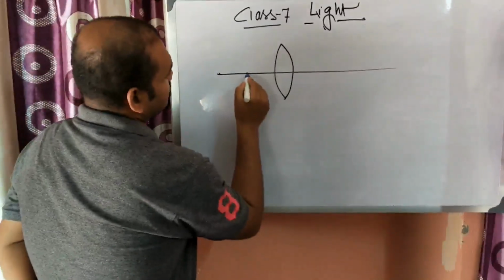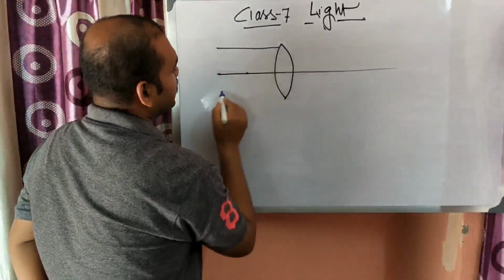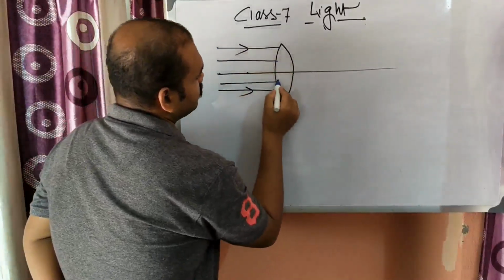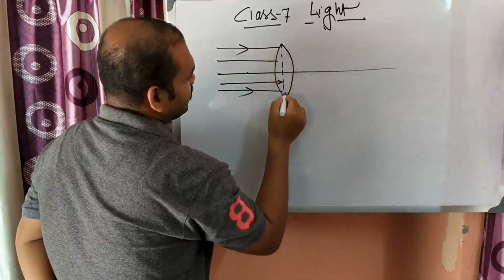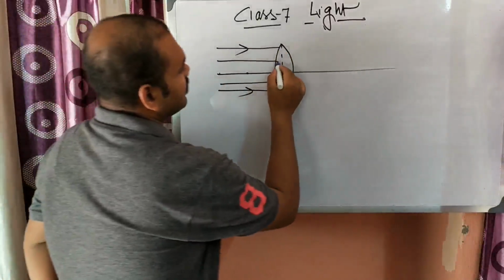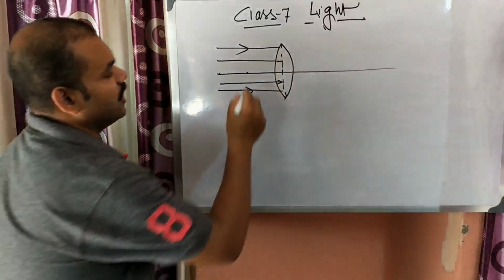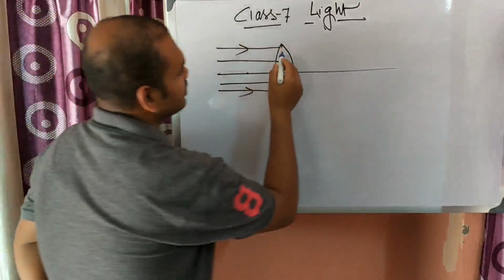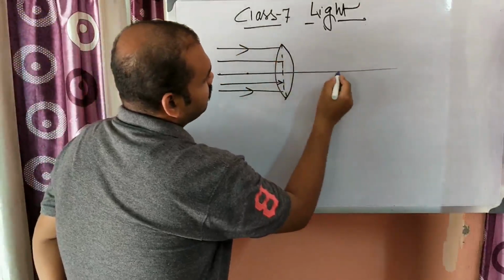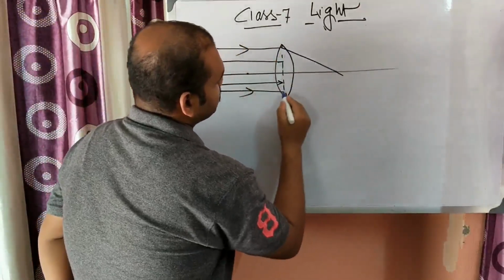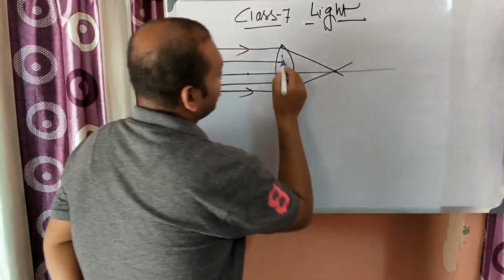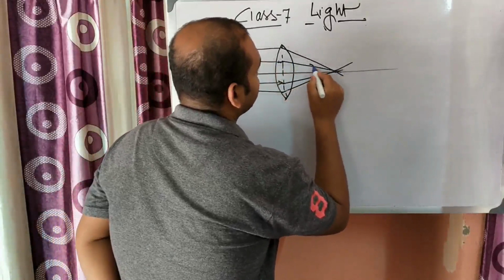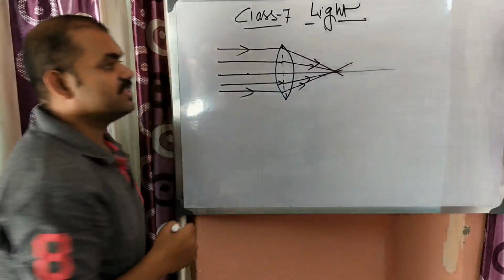The rays which are coming parallel to the principal axis, remember this point, after refraction on passing through the convex lens, will meet at a particular point on the principal axis, and this particular point is known as the principal focus.